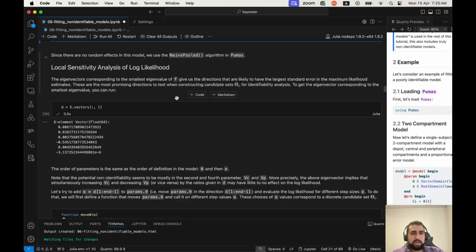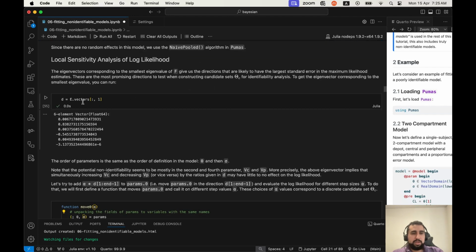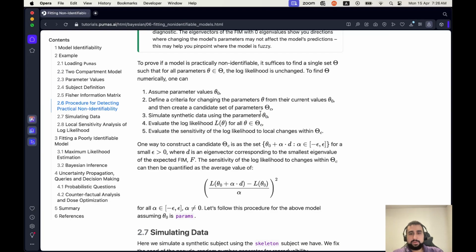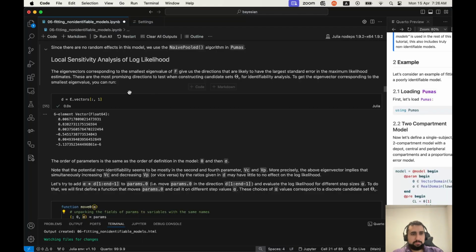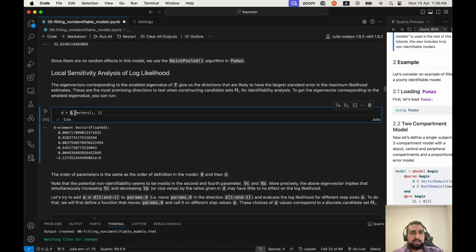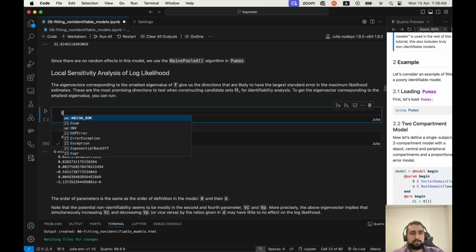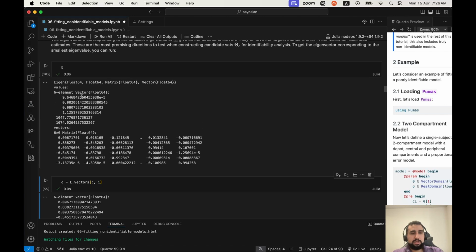Okay, now let's come to our vector D. So I said that we have to move our parameters theta 0 along a direction D. Now, which direction should we pick? Given our eigenvalue decomposition, which is E here, from earlier, the first eigenvalue is close to 0.